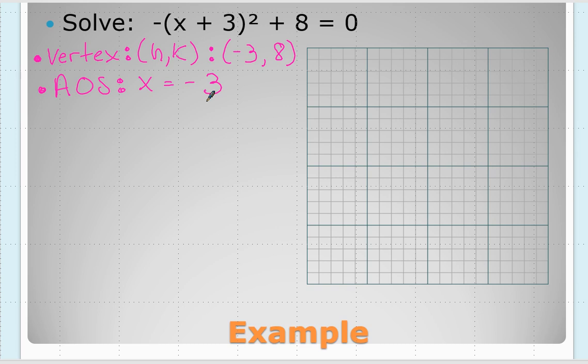So let's graph from here and see what we have going on. My axis of symmetry is at -3, and my vertex is at -3, 8.